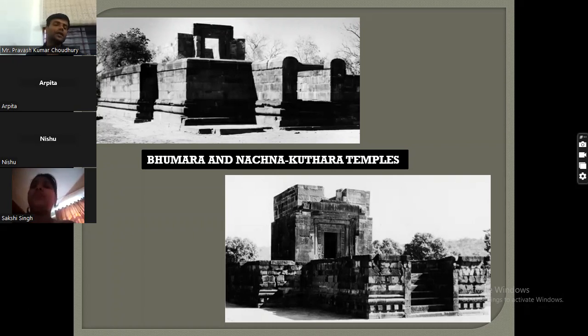Even if we think of how these structures originally stood at that point of time, the Sikhar could have been made, but even if we imagine such a Sikhar, it is not going to be much elaborate as we are going to see in the coming years after the 6th, 7th century CE in the Indian subcontinent. Below, you can see this temple at Nachna Kuthara. Here also we have the same.